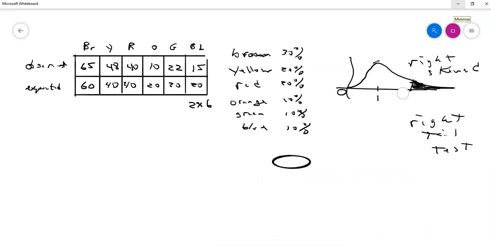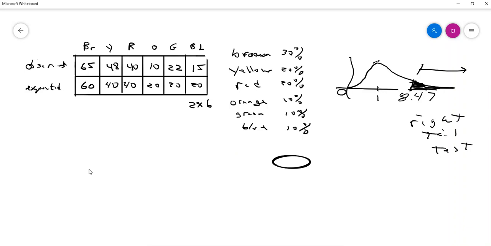So this is 8.47 here, right? And we need to find the area under the curve, just like we did before. This is kind of way back when we started to work with the normal distribution. And we were looking for probabilities by looking at the area under the curve. So we want the area under the curve from here on out.